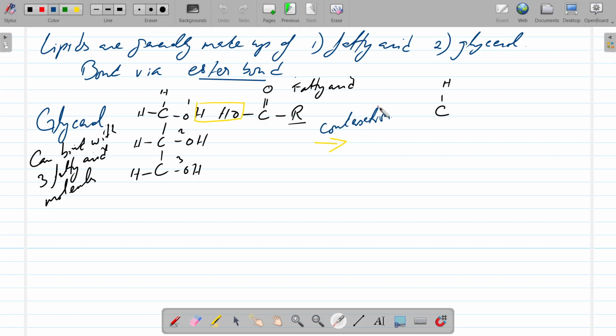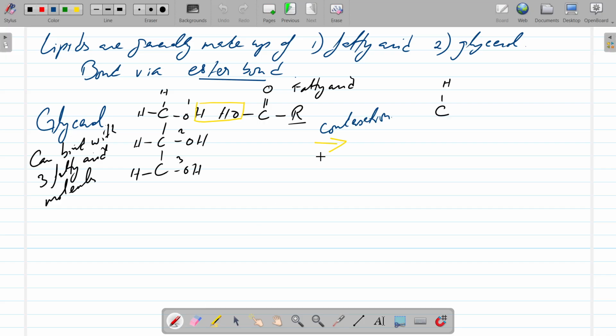The R group represents the carbon chain, which could be any length. And so the OH from the fatty acid and the hydrogen from the glycerol react. Water is given off, it is removed. So it is a condensation reaction.